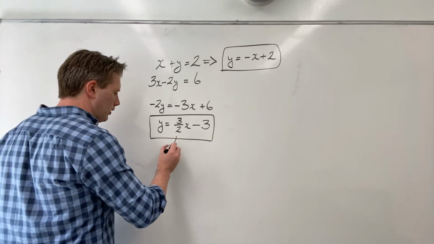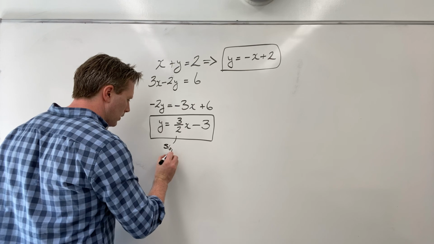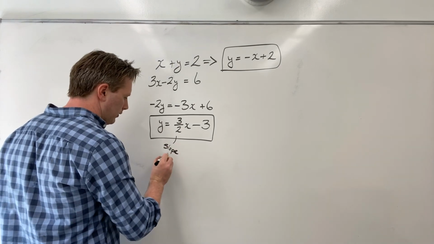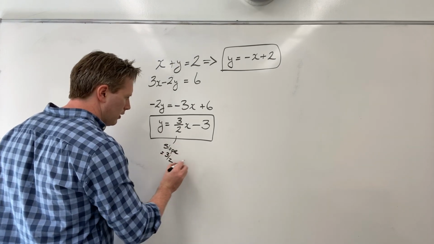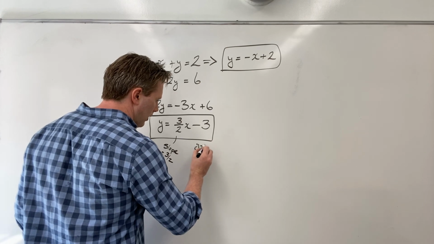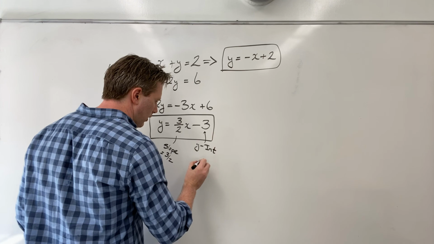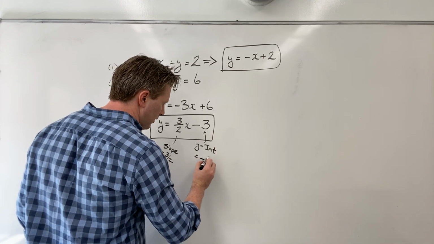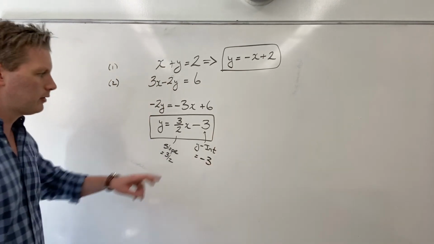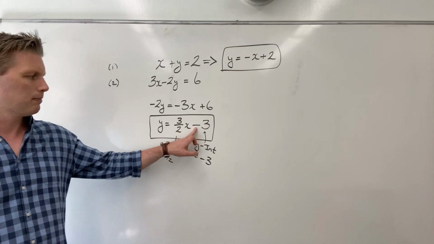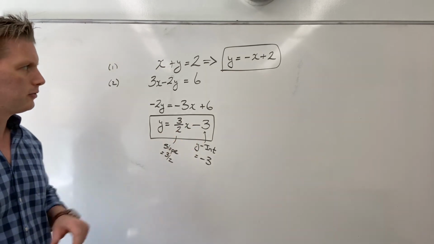So this here is the slope. That's the slope, which is 3 over 2, and this here is the y-intercept, and that is equal to negative 3. Y-intercept is negative 3. Don't forget that minus sign in front. It's very important. A lot of students drop that.